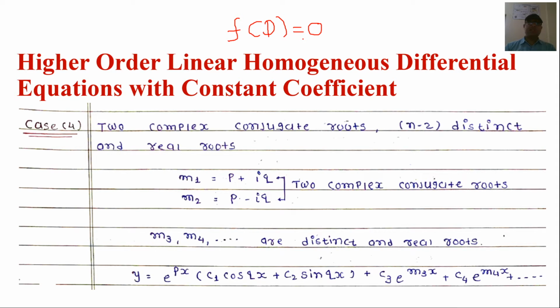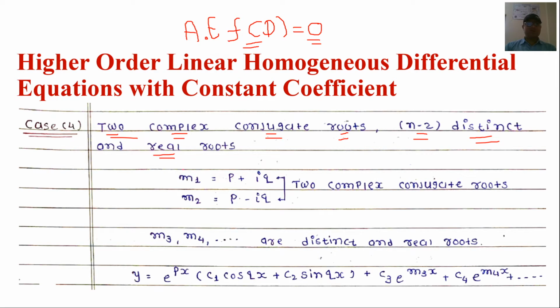Now case number 4 is: if the auxiliary equation f of D is equal to 0 has two complex conjugate roots, it means two roots are complex conjugate and n minus 2 roots are distinct and real roots.